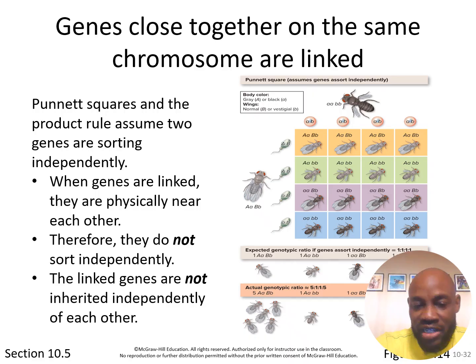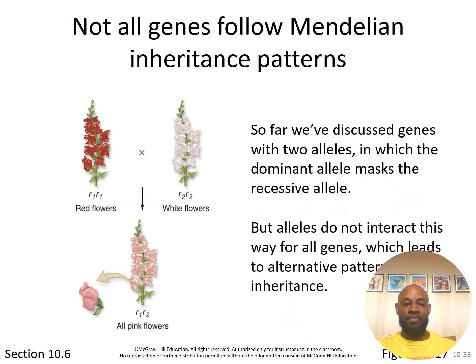When genes are linked, they are physically near each other, so they do not sort independently and are not inherited independently of each other. You wouldn't be able to just do the basic Punnett square, which assumes independent assortment. If the genes are linked together, you wouldn't have the variability that you would have if they were independently assorting.